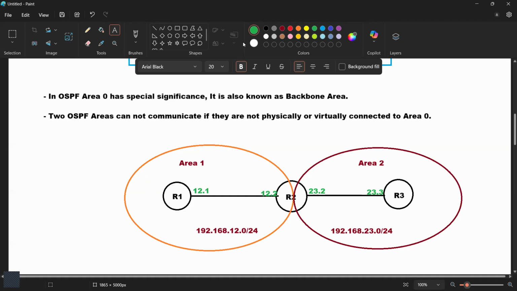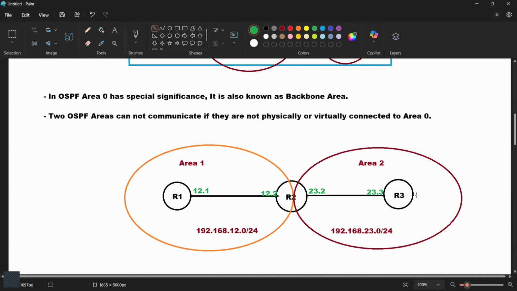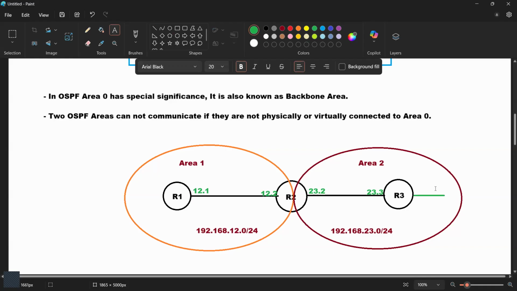Is that clear? Let's say, for example, I have a loopback this side, 3.3.3.3. R1 will not be able to ping this loopback. Why? Not a part of area 1. R3 will not be able to ping R1.